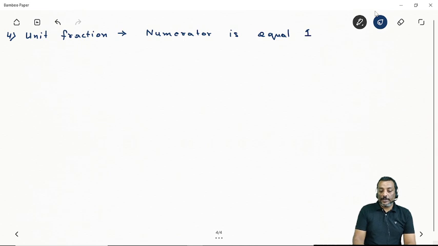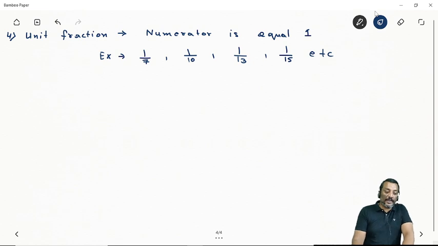For example, you can see 1/7, 1/10, 1/13, 1/15. So these are all examples of what? Unit fractions. So any fraction where the numerator is equal to 1 is called a unit fraction.